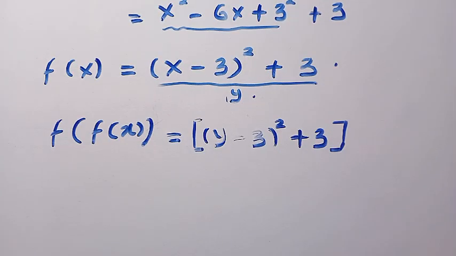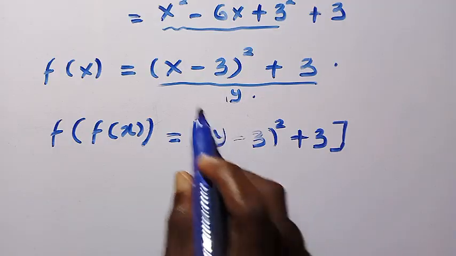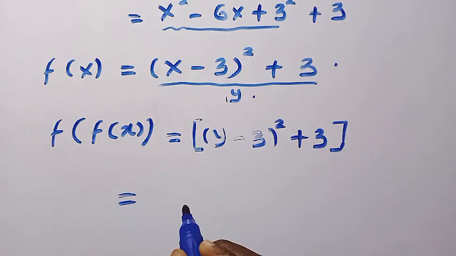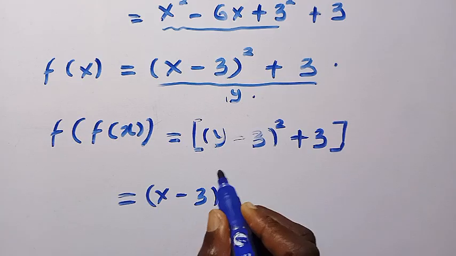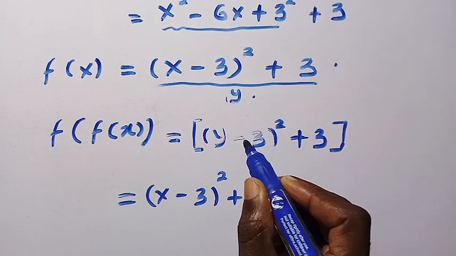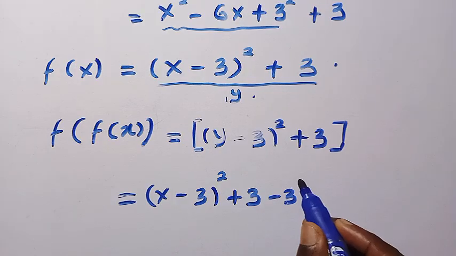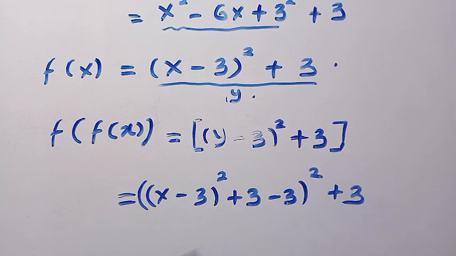But initially at the top, everything here is now our y. Let's now replace y with the whole of this. We have x minus 3 squared, then plus 3, another minus 3 is here, all raised to the power of 2, plus 3.